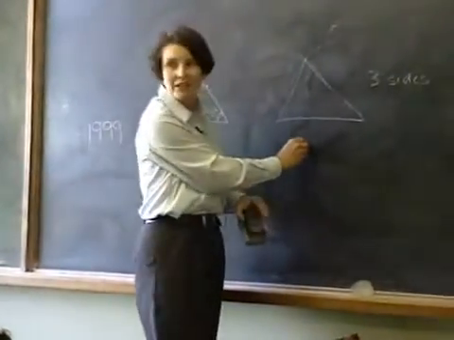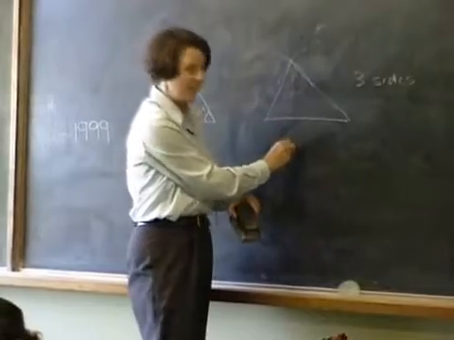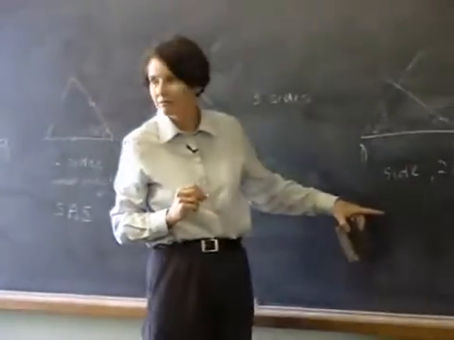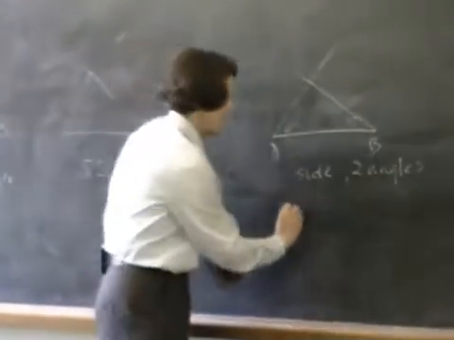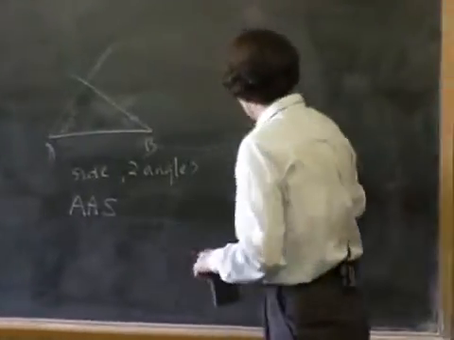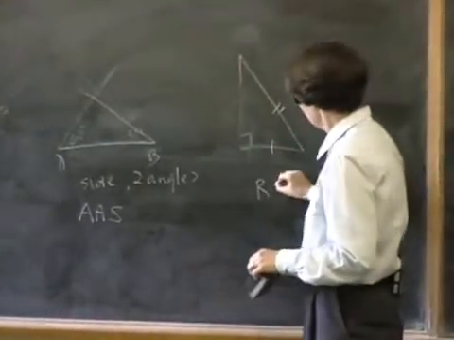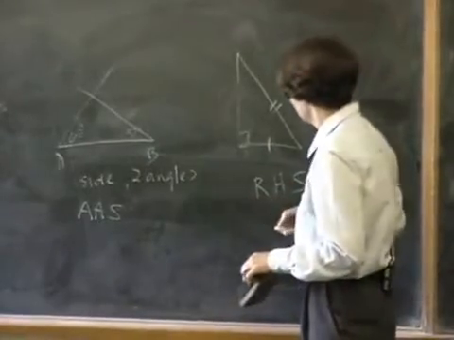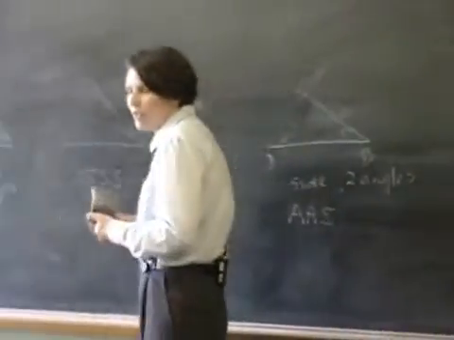This one is written as, can you guess? SSS. This one? AAS or SAA. Yep. And the last one is R for right angle, H for hypotenuse, and S for side. All right, doesn't matter which side.